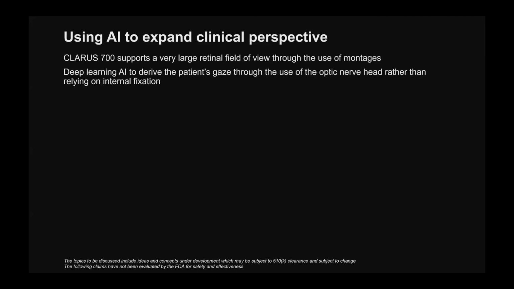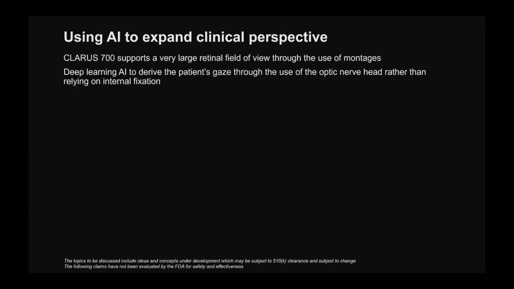What we are doing in Clarus is, Clarus has a deep learning AI algorithm in the background which runs through all the images, and then it finds where the optic nerve head is. By tracking the optic nerve head, we know exactly how the patient is moving between one image to another image.